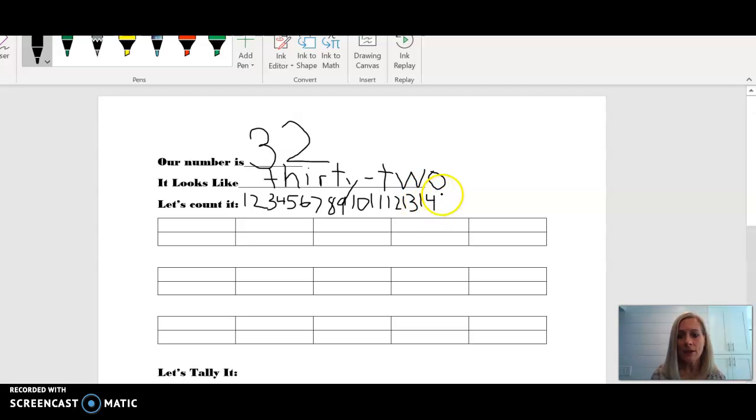I love how you're counting with me. 15, 16, 17, 18, 19, 20, 21, 22. Oh, I'm running out of room. I'm going to write underneath.